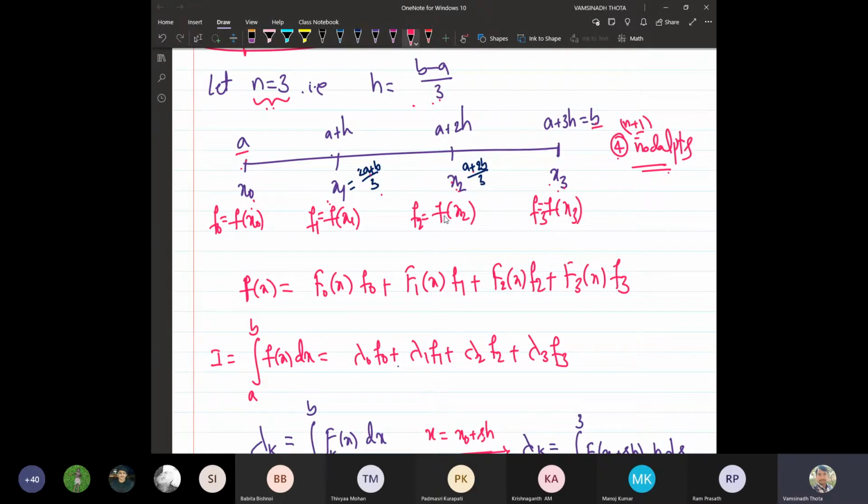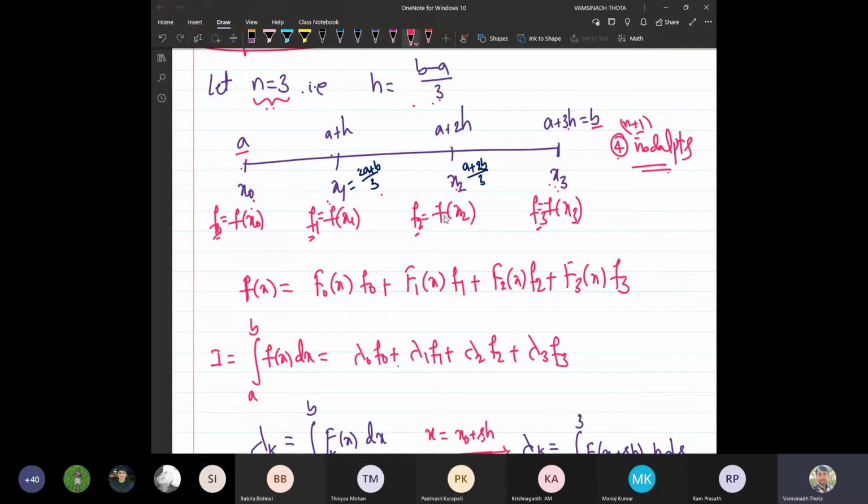Okay, and if we add h to x2, we will get x3, that is a plus 3h, which is nothing but b. Obviously the value of the function at x0 is represented with f0, at x1 with f1, at x2 with f2, and at x3 with f3.